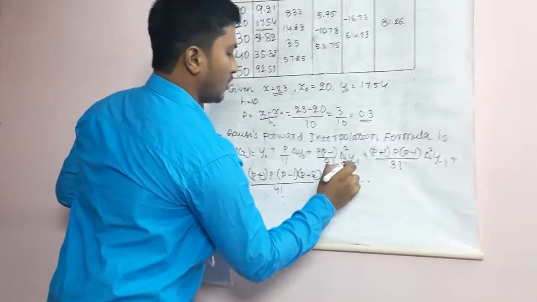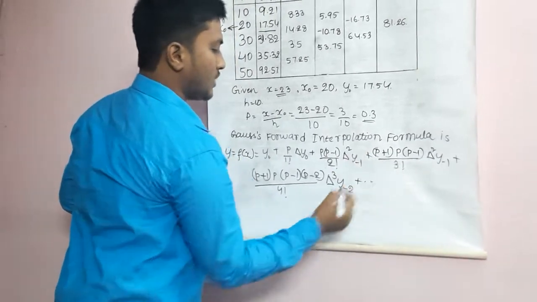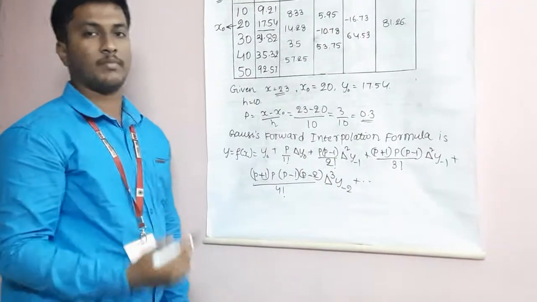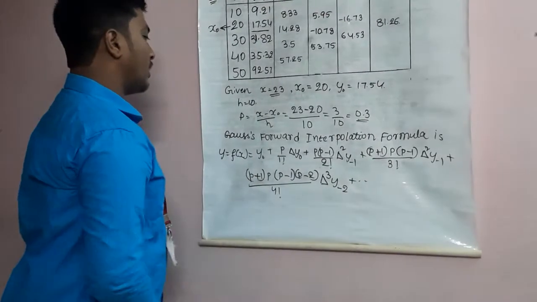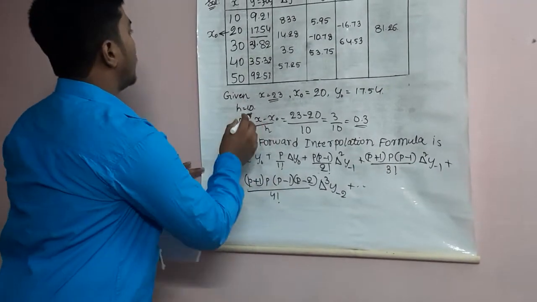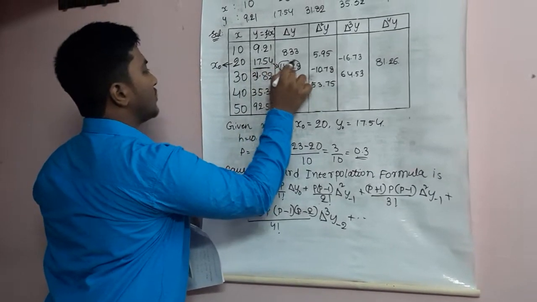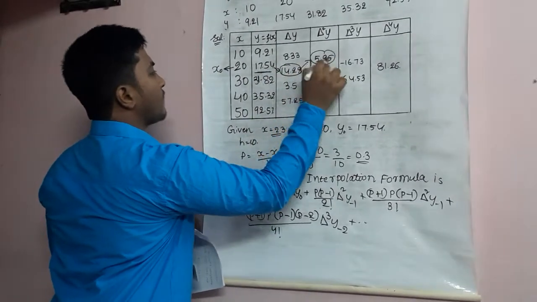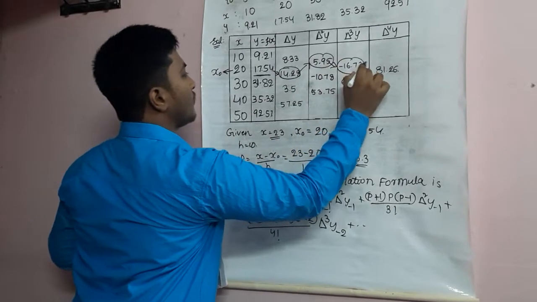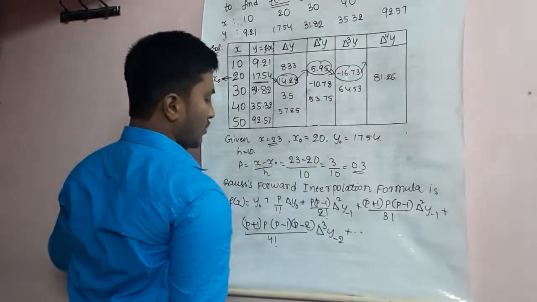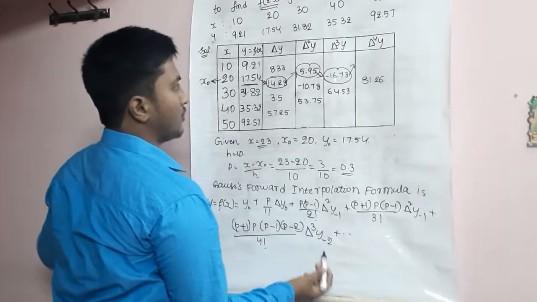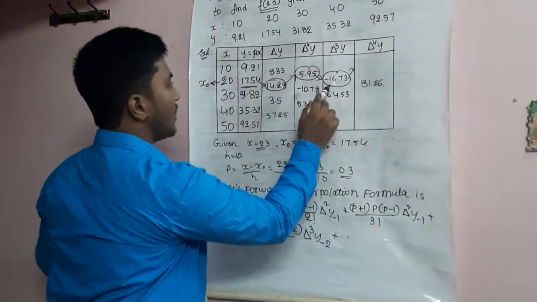So here y suffix minus 1 is also repeated twice, and similarly y suffix minus 2 will also be repeated. So this is the formula. Now we have to substitute. As I have told you, the corresponding value is y naught, and we have to follow this direction. There is nothing further, so no need to calculate delta power 4. So we should use these values.